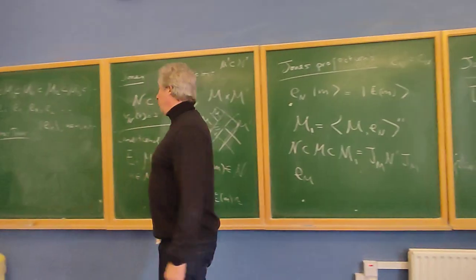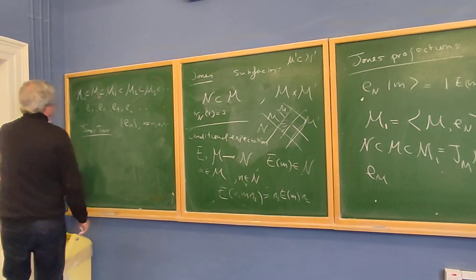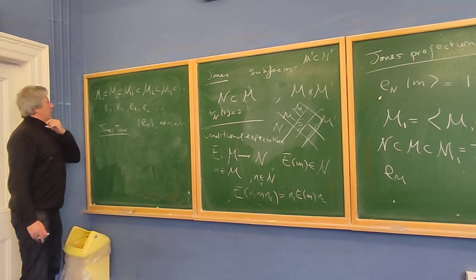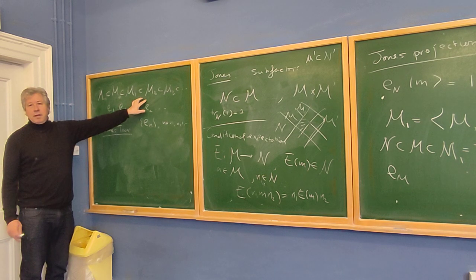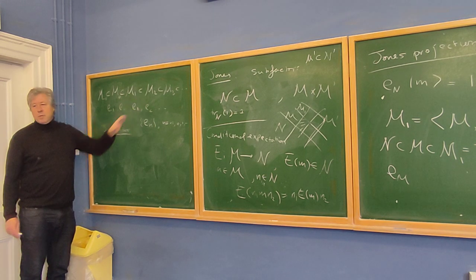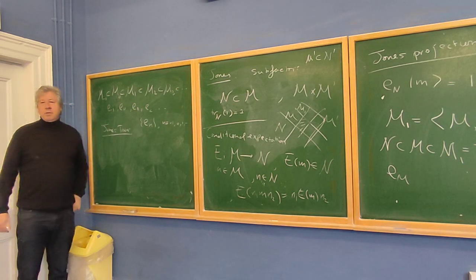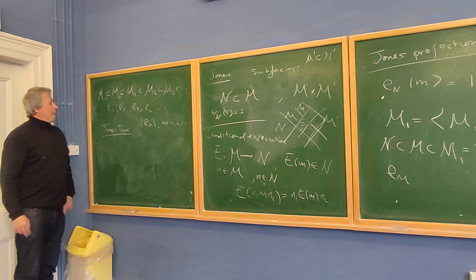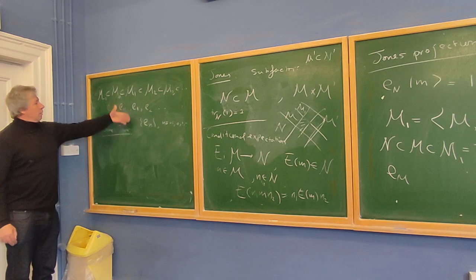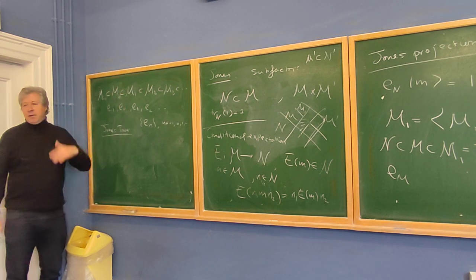But there will also be relations. In particular, it turns out that projectors that happen here and projectors that happen there will commute, but it will be neighboring ones that may not commute. And I'm going to actually represent these projectors graphically.